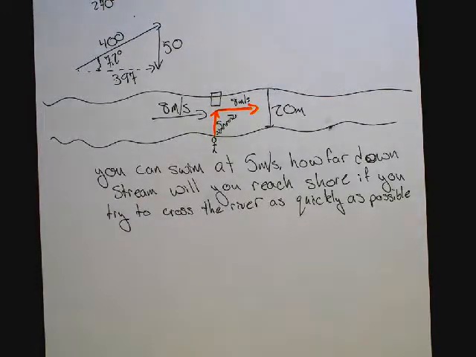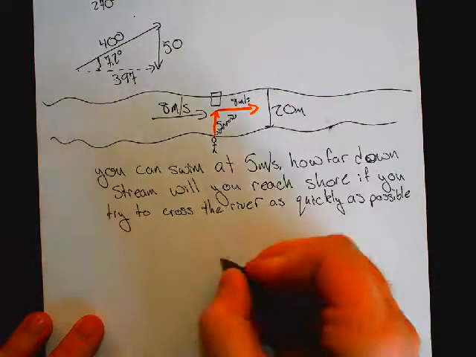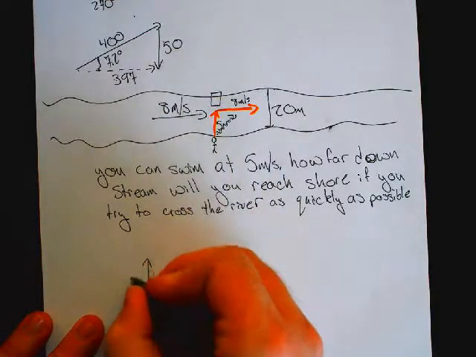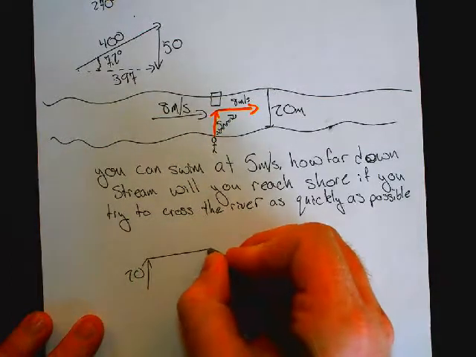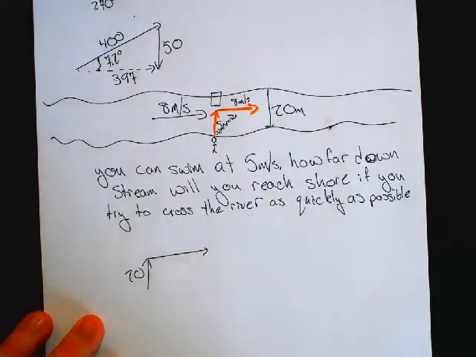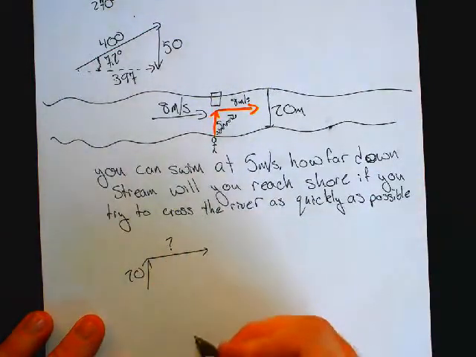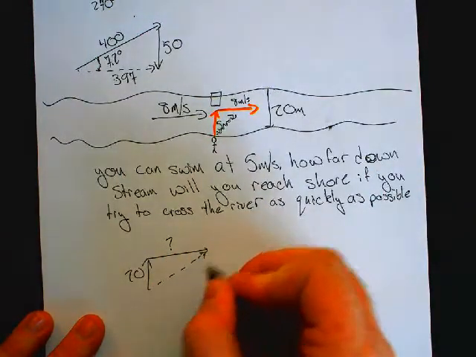Let me rephrase that. What information can we take from just trying to cross the river? Okay, so I could do one that's going to be here at 20, here at, I don't know, and here at also I don't know.